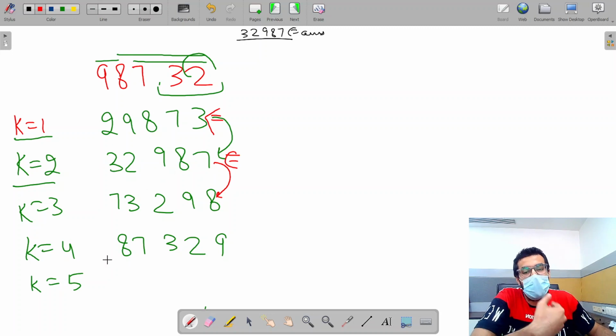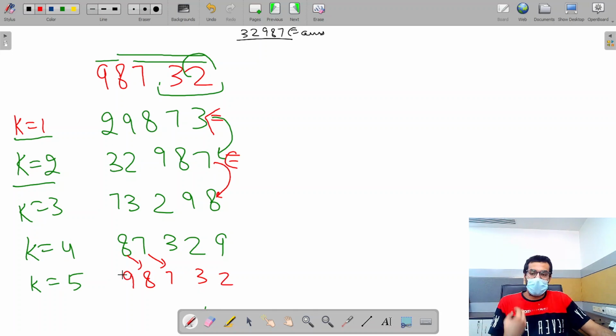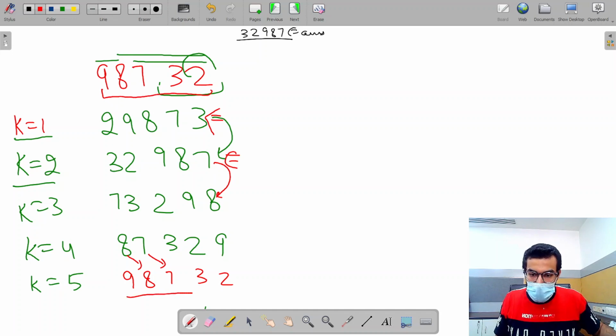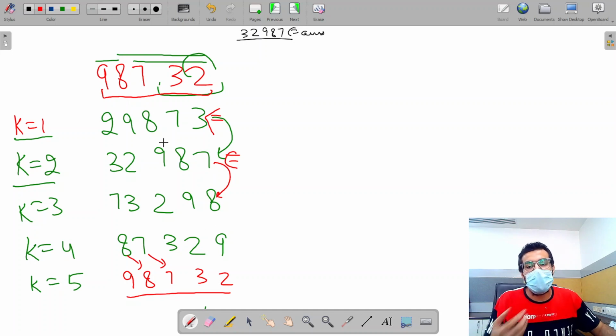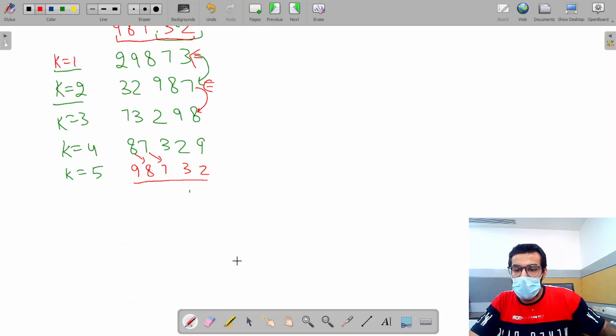So the same thing will be here as well. I have to shift this digit towards right, 8, then towards right 7, then 3, then 2, and this 9 will come in the starting. Or I could have also said it like this: pick 5 digits from the end and write them in the starting, and then keep all the remaining digits in the end. Since there is no digit left, nothing will be pasted in the end. Till here we have done.